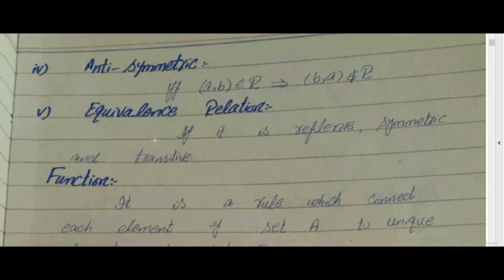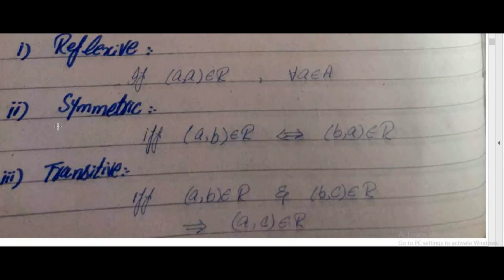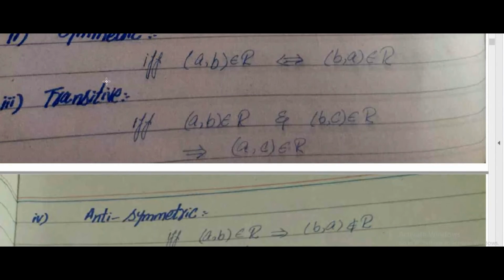Then we say that this relation is an equivalence relation. If we have to prove that a relation is an equivalence relation, then firstly we will prove that this relation is reflexive, secondly we will prove that the relation is symmetric, and thirdly we will prove the transitive property for that relation.